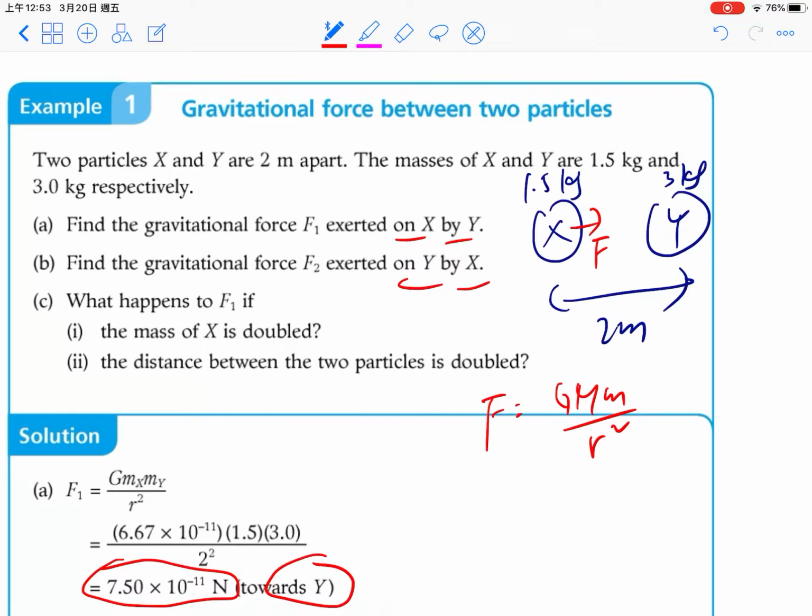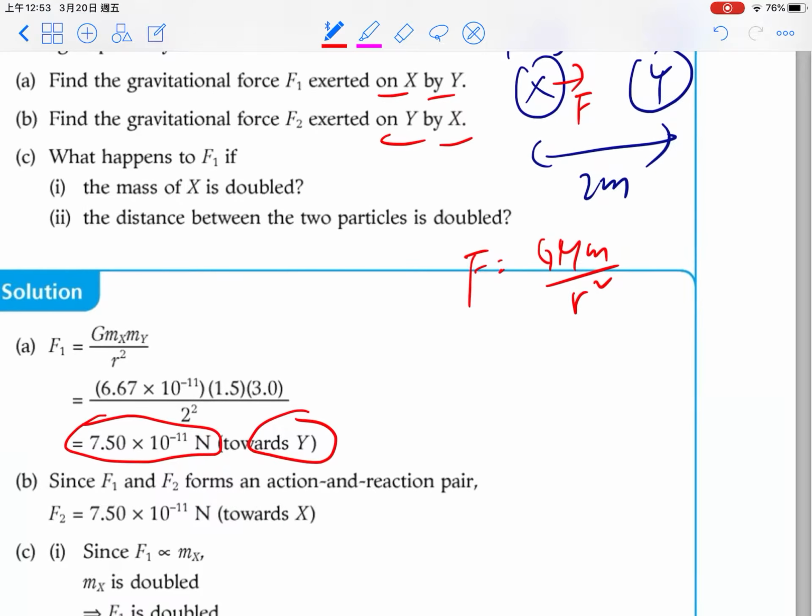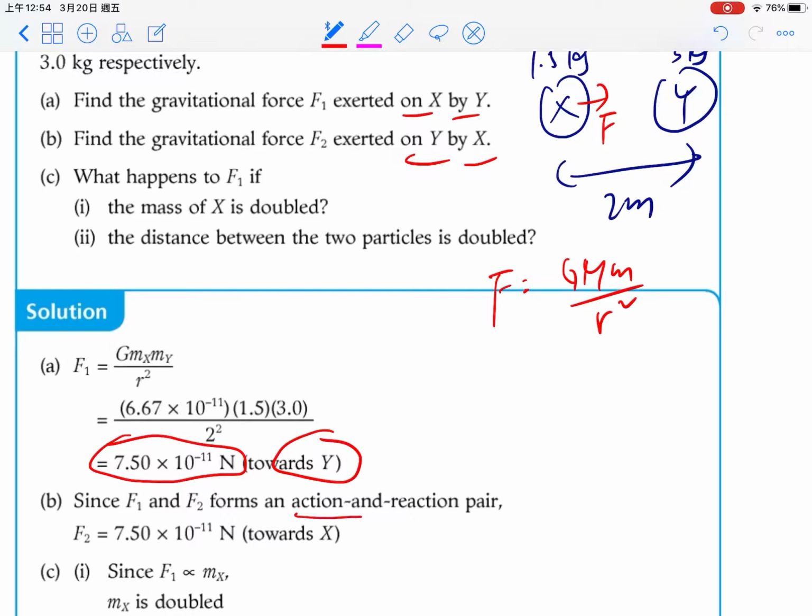By using Newton's third law, we know this is an action-reaction pair, on x by y versus on y by x. So the force will be the same, but the force will act in the opposite direction.